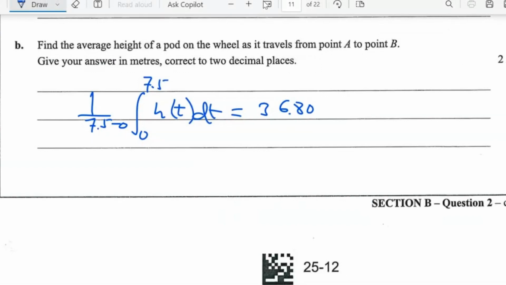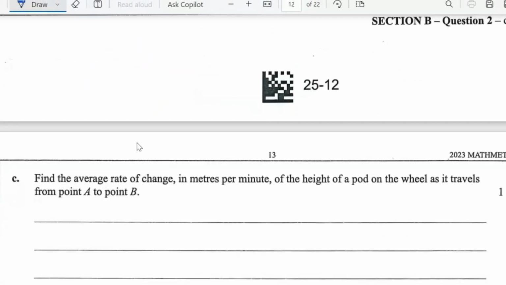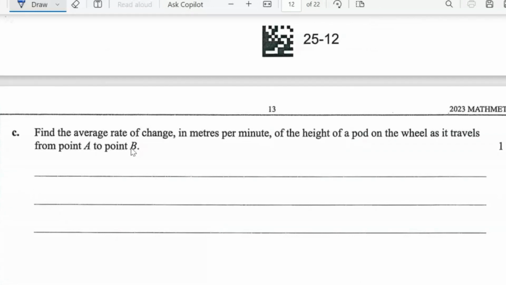Alright. The next bit, find the average rate of change in meters per minute of the height of a pod on the wheel as it travels from point A to point B. So that's going to be h of 7.5 minus h of 0, which is actually 15, over 7.5 minus 0.